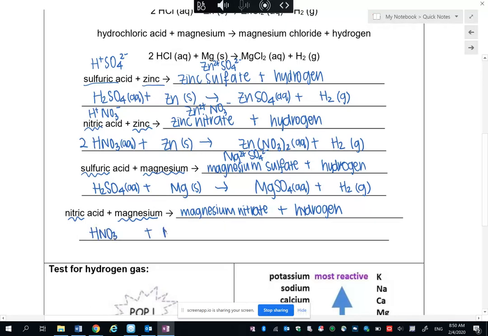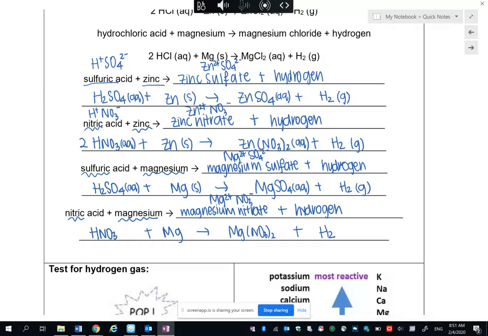The magnesium is Mg to give you magnesium nitrate. So Mg2 plus. Nitrate is NO3 1 minus. So you need to cross because they are different. So you'll get Mg(NO3)2 plus hydrogen gas. Okay, so you see on the right you have 2 nitrates.